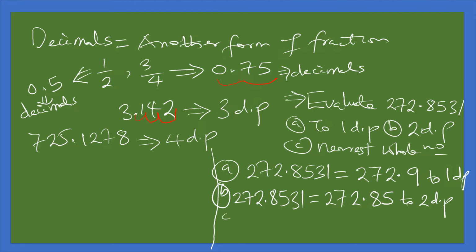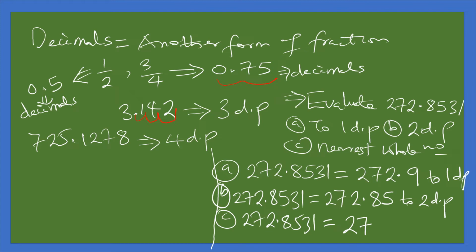Now let's take the last one. They said to the nearest whole number, 272.8531 to the nearest whole number. So the nearest whole number means we don't need any other figure after the point. So this will now be 272. Now, because we have a point here and the number after the point, the digit 8, is greater than 5, what do we do?